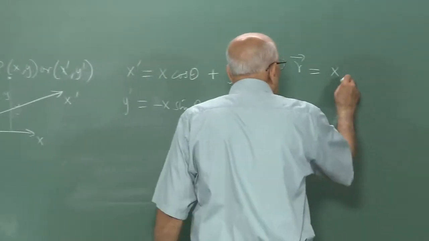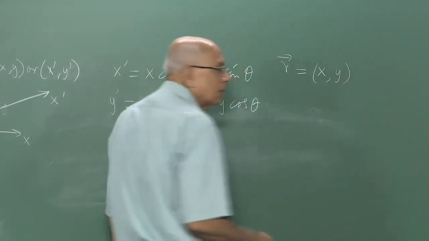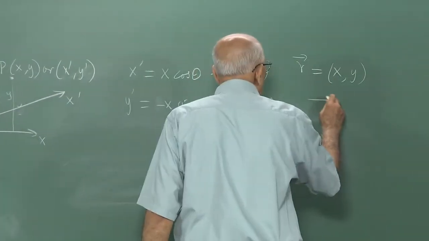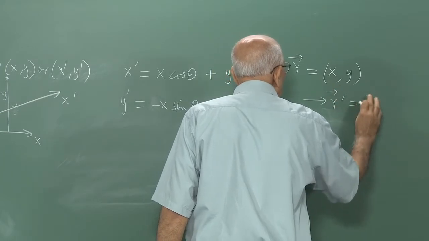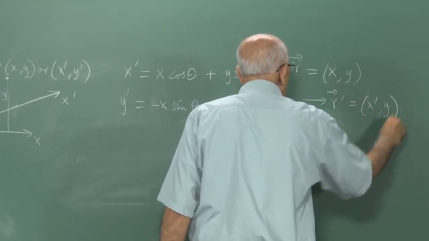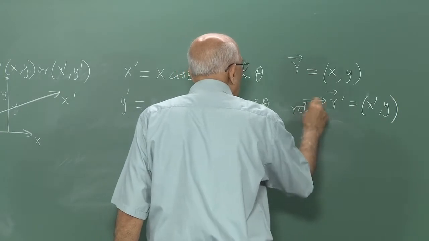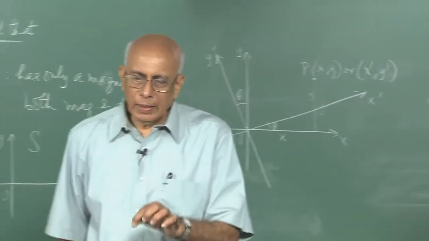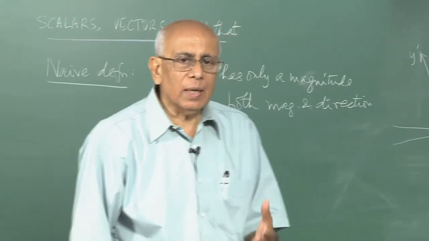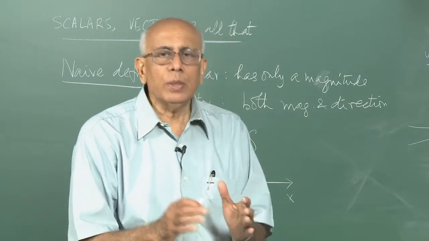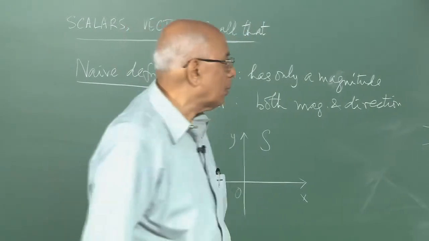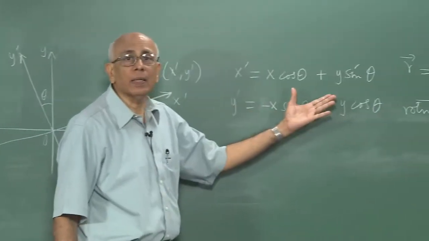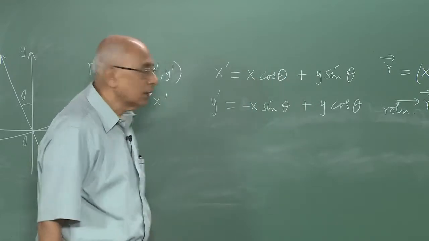We can write it either way you like, but I am just going to write it as x comma y in this form here, and under this rotation r goes to r prime, which is x prime y prime, under rotation of the coordinate axis. So although the point remains the same, the coordinates change, but I could regard it as a transformation from x y to a new pair of variables x prime y prime. And the rules by which you get x prime and y prime from x and y are written down here in this form.